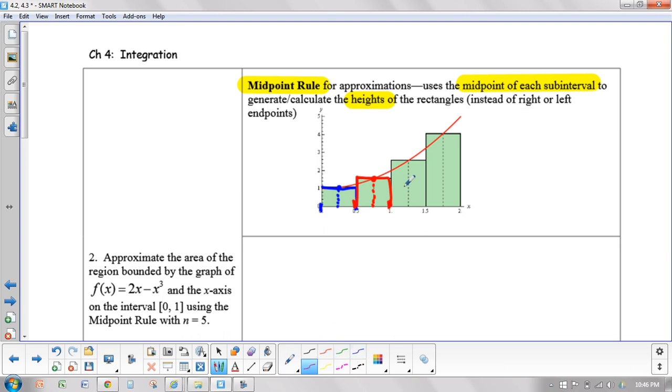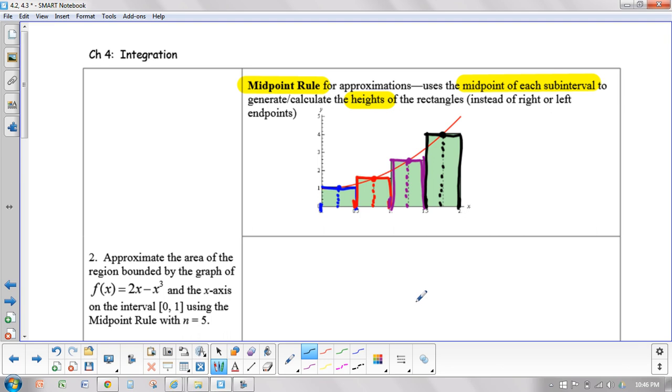Again, let me switch colors. So here and here, instead of going from the left to the right, take the middle up, and that's the height for your rectangle. Again, instead of left, instead of right, take the middle up until you touch, and that's your height.